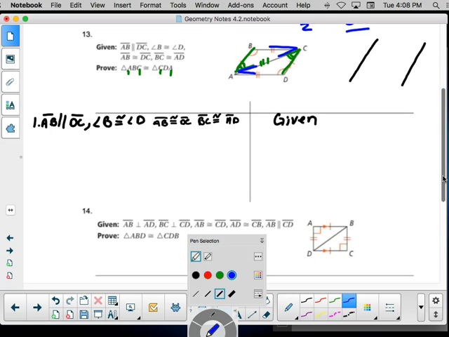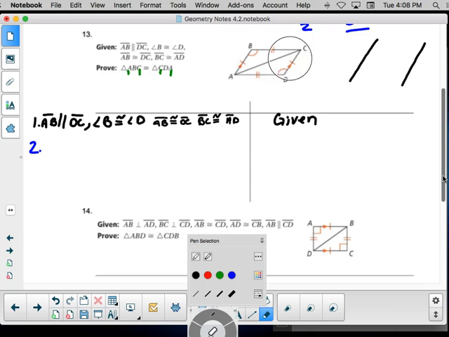Now remember, today we're really working with all the sides and all the angles being congruent to one another. So I'm just going to step through and talk about my proof the way I just did it with you. So in step 2, I'm going to use the fact that segment AB is parallel to segment DC and work on my alternate interior angle.